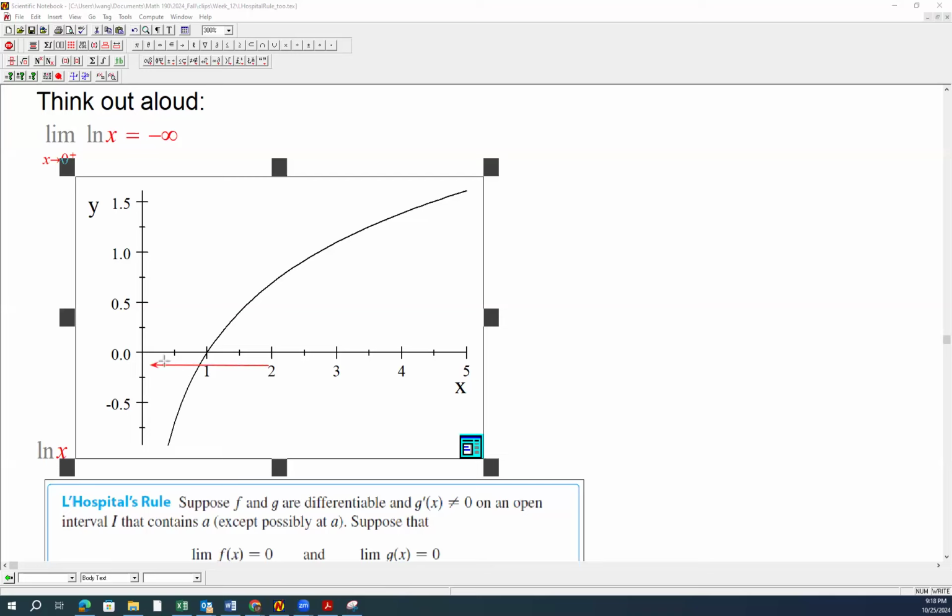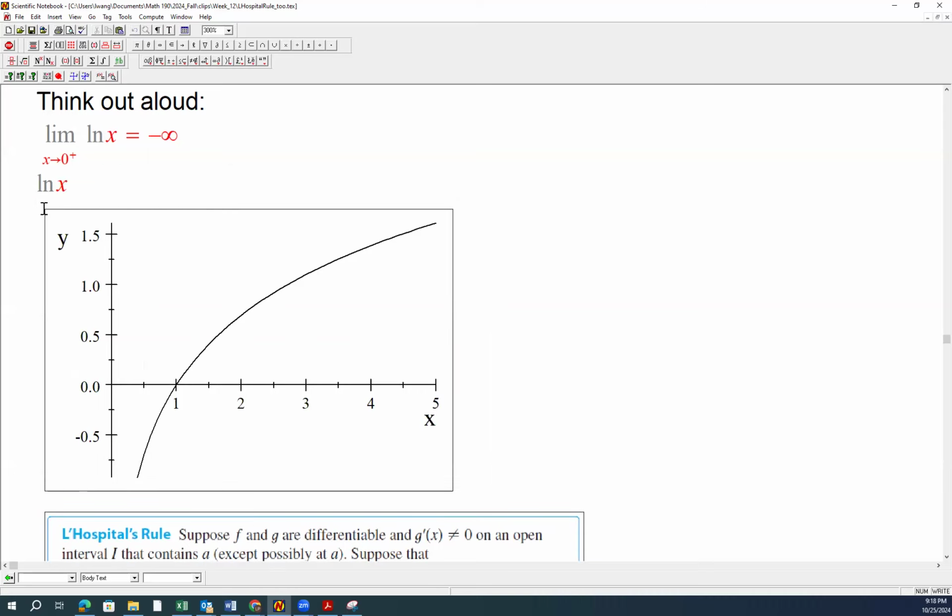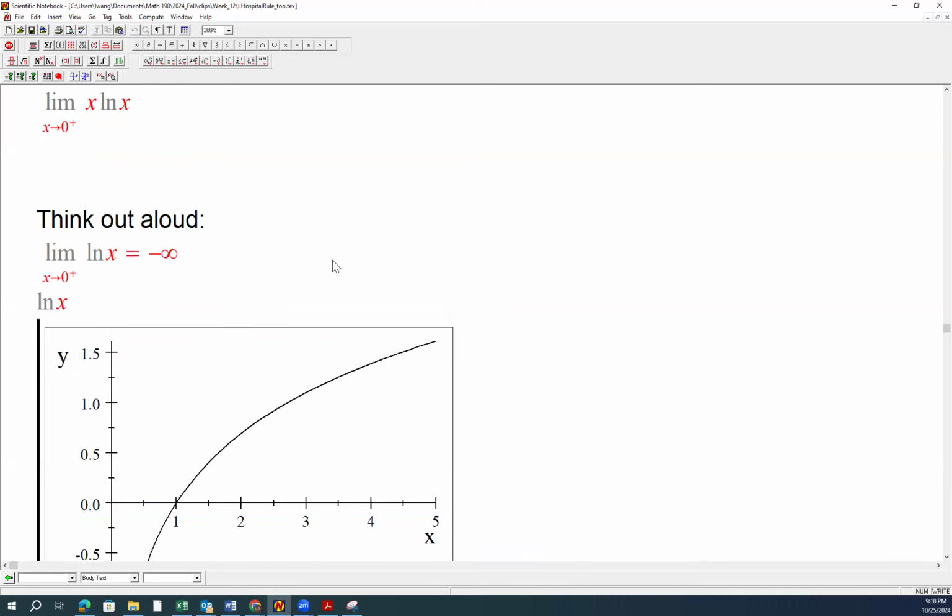When x is approaching 0 from larger than 0, the y values, ln x, approach -infinity. I hope that's already in your mind. So let me clean up. With that picture in our mind, I hope you can use this knowledge freely.